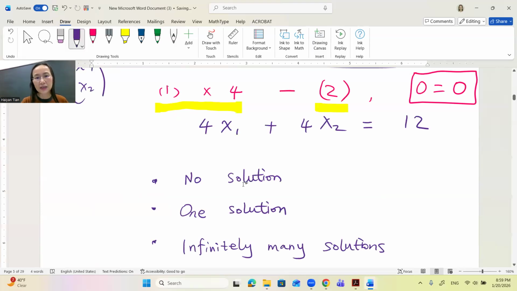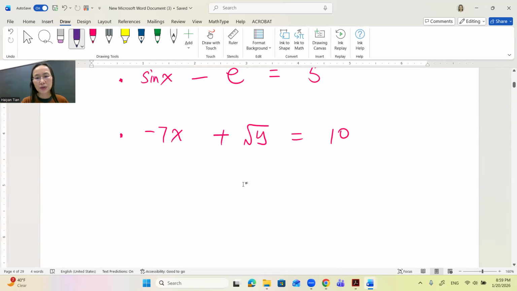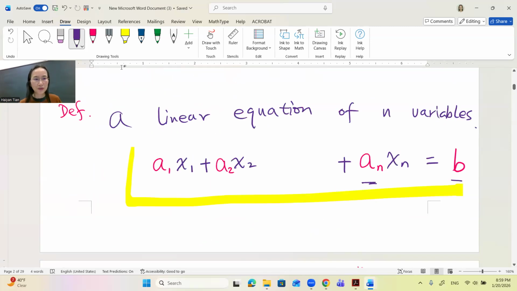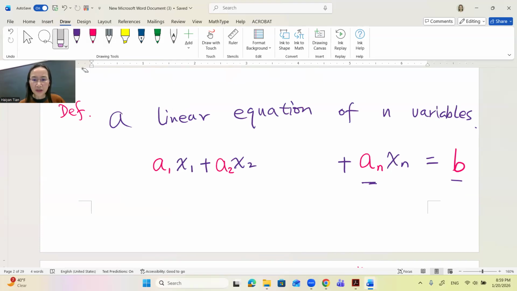As a matter of fact, you saw this definition earlier. So this is an equation of n variables with those coefficients of these variables. So this is only one equation. What if I have another equation involving these n variables?